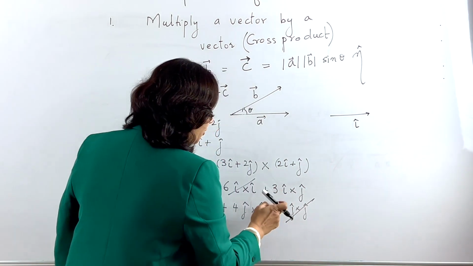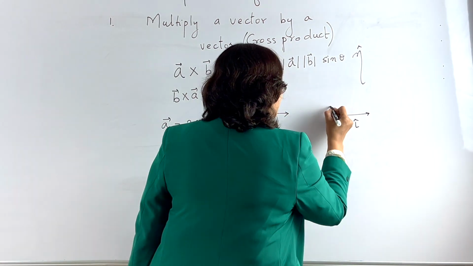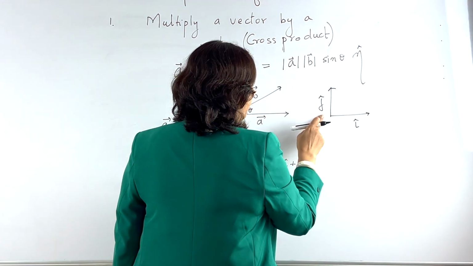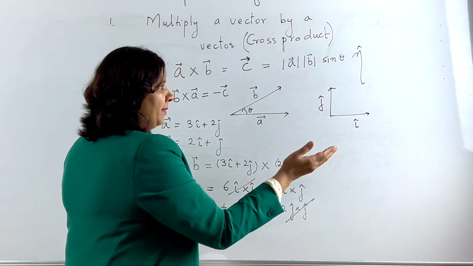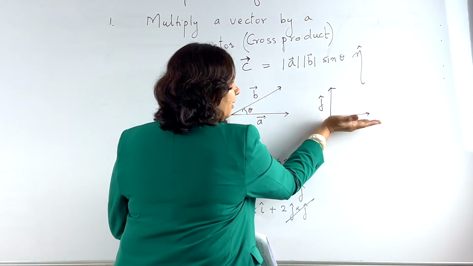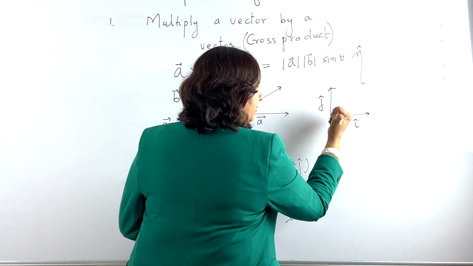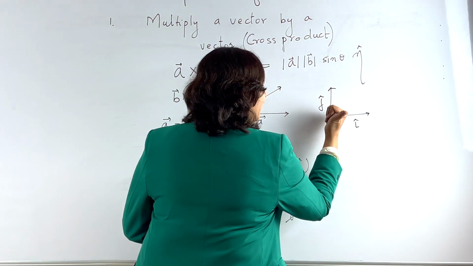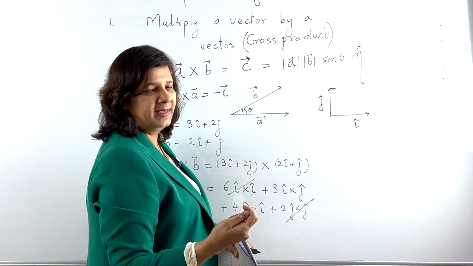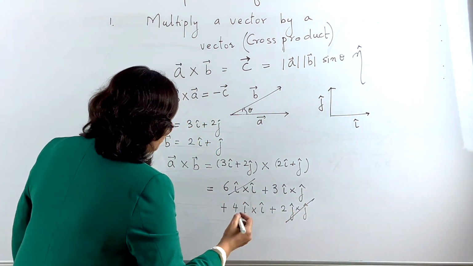Now, to calculate i cross j, the i vector is along the x axis and the j vector is along the y direction. The magnitude is 1, and when I take the direction from i to j, the direction which my thumb points, that is outward, points in the direction of plus k cap. So i cross j will be equal to k cap.